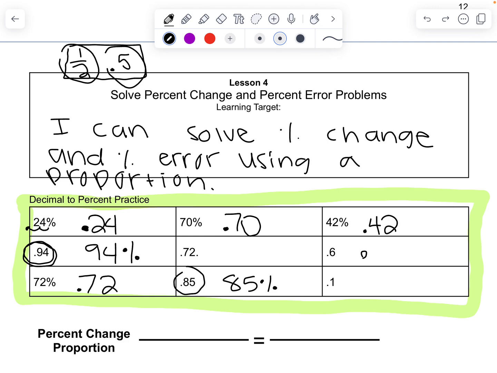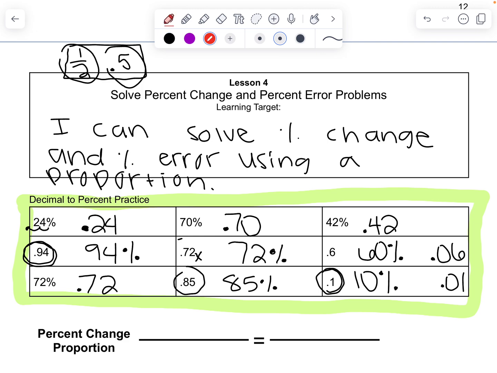It is not. 6% would be 0.06. 0.6 is 60%. Same thing with 0.1. 0.1 is 10%. If you were looking for 1%, it would be 0.01. And this one is kind of confusing. I don't know why there's a second decimal right there. But 0.72 is the same thing as 72%.